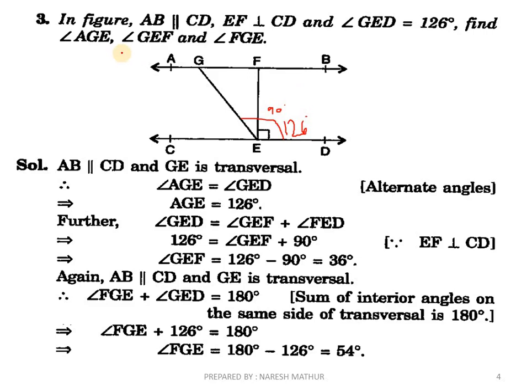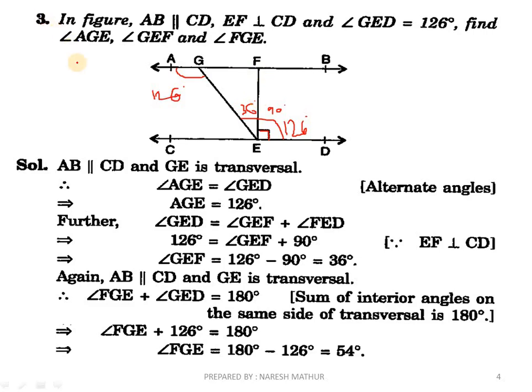First we need to find angle AGE, so angle AGE would be 126 degrees, the reason being alternate interior angles. Now we need to find GEF. This whole angle equals 126 and this angle equals 90, so what is left? 36 degrees. So angle GEF would be 36 degrees.